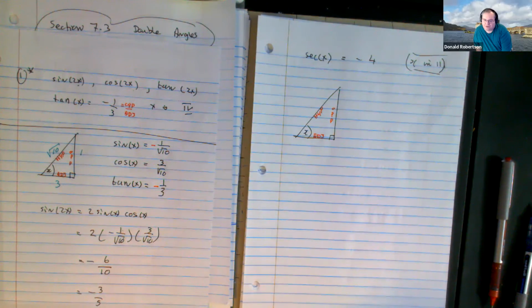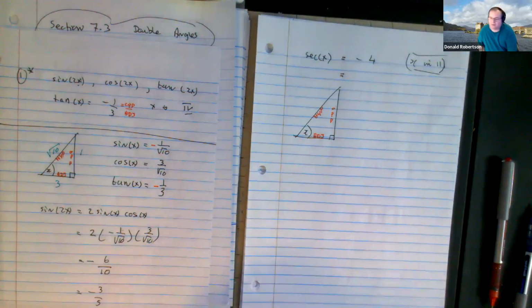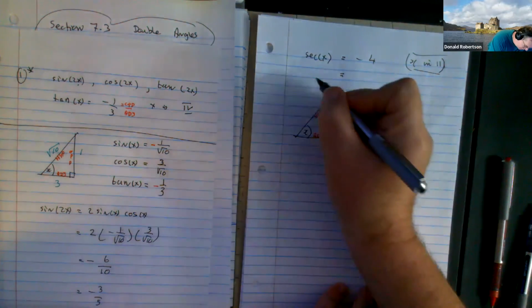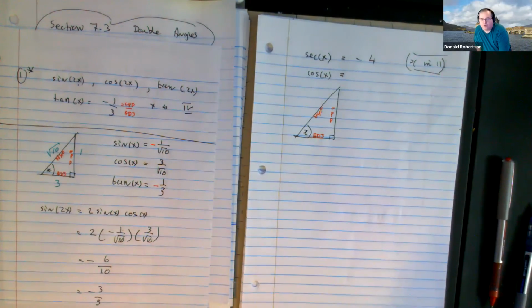But if you tell me the secant x, I have to do a little bit more work. If you tell me the secant, I can figure out what the cosine will be. Right? What fraction will the cosine of x be if its secant is negative 4?